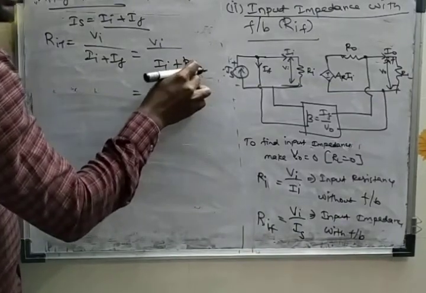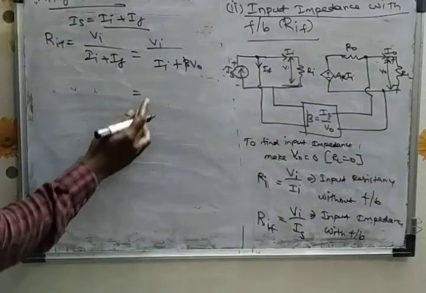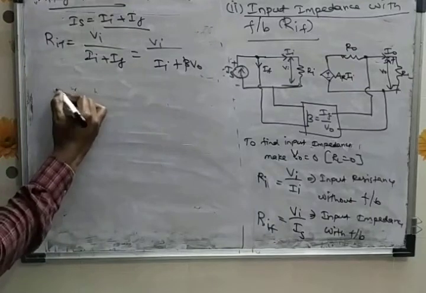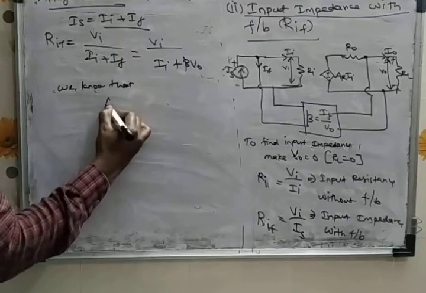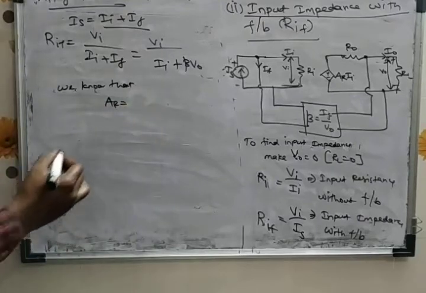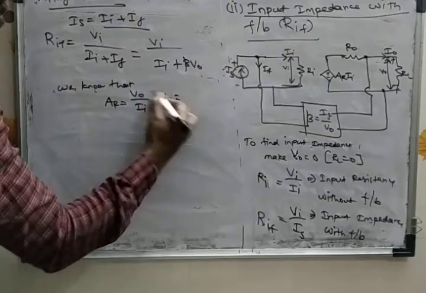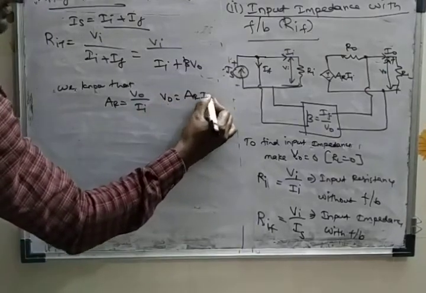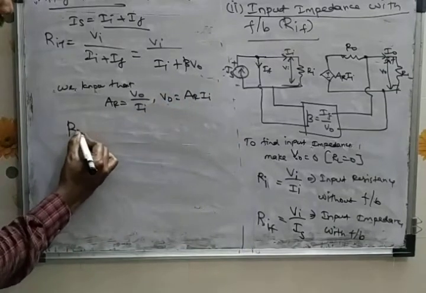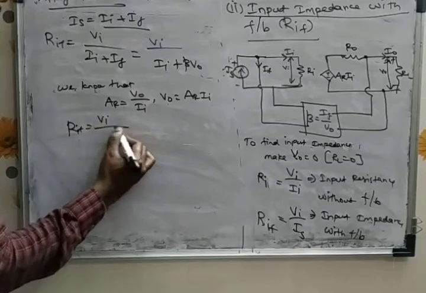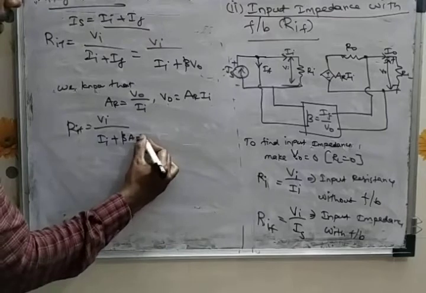Again replace V naught: we know that AR is equal to V naught by IA, so V naught is equal to AR into IA. So you will get RIF is equal to VA by IA plus beta AR IA.